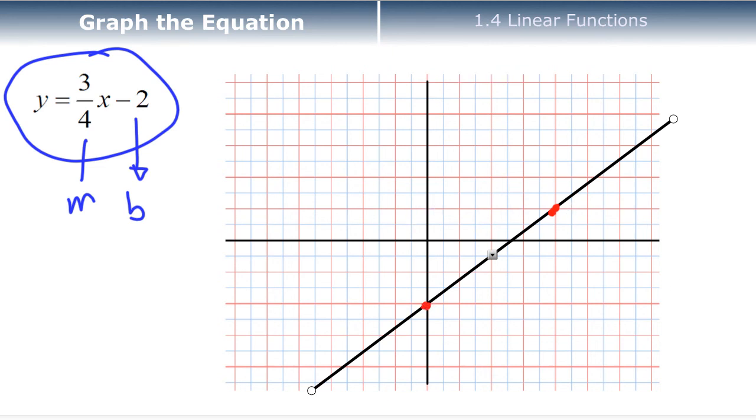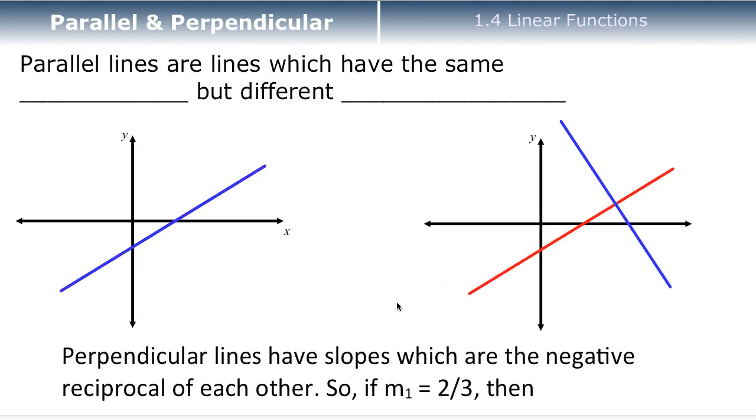Sometimes we have some special occasions with particular lines, where I have lines that have a similar slope. Like these two lines, the red and the blue one, they have a similar slope, but they cross at a different y-intercept. If that happens, you have parallel lines.